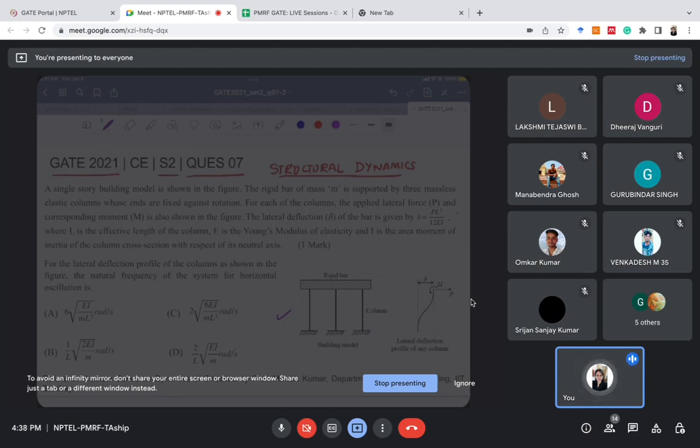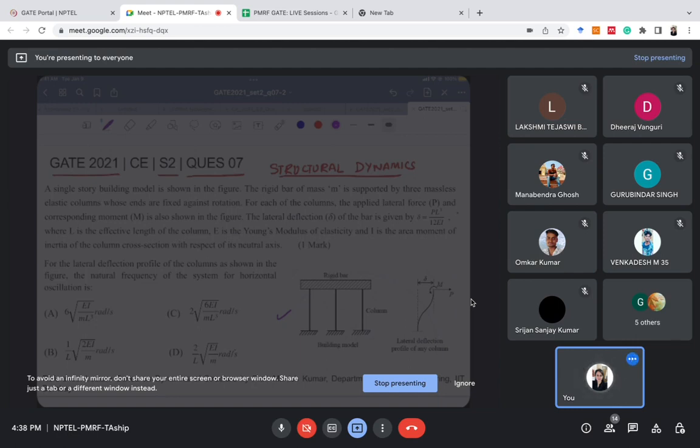The floor is very rigid, or has very high mass compared to the columns. I hope you agree. The columns can be considered massless compared to the floor weight, and more flexible compared to the floor.